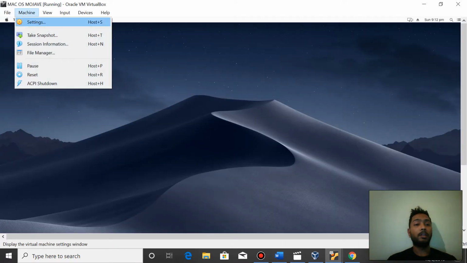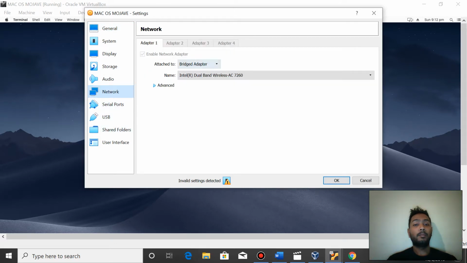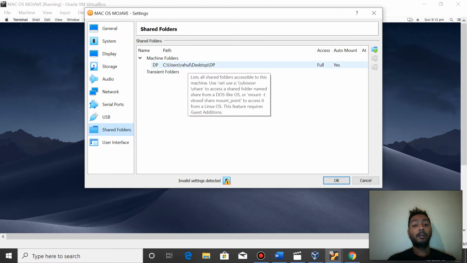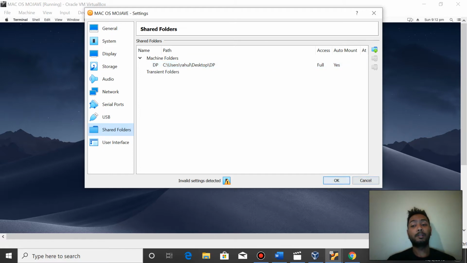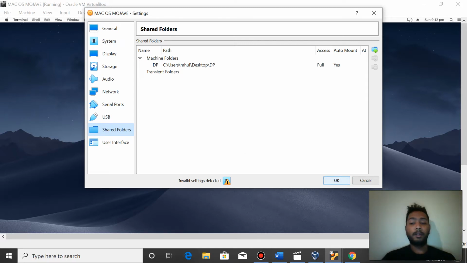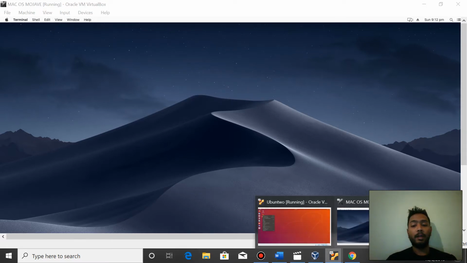You go to machine settings, and then network, and then bridge adapter, and then we go back to shared folders, and then we enable this shared folder, which is in the host Windows, and the same with Linux. I don't think we even need to do this, to be honest, but just as a precaution.